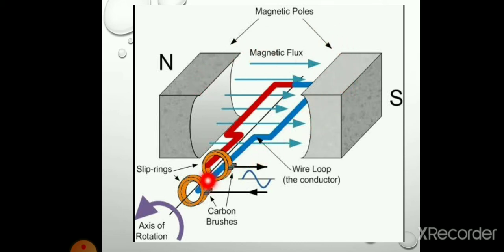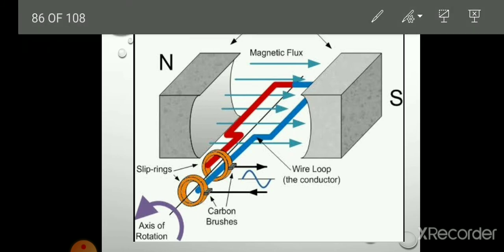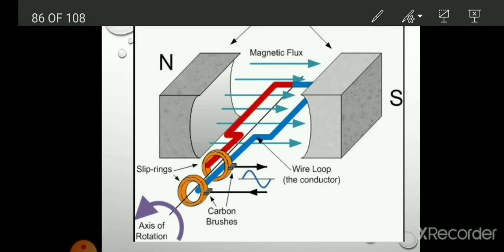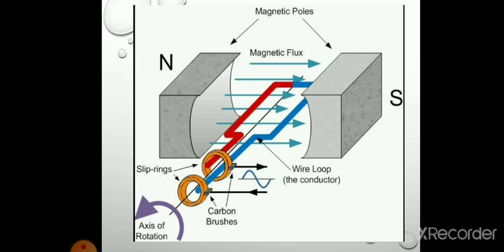Here you can see the ends of the coil are connected to R1 and R2, and there are brushes which are connected outwards. So this is the axis of rotation. As the coil gets rotated, these are the two slip rings. Okay, so this is the AC generator. Hope you all have understood the working of the AC generator.